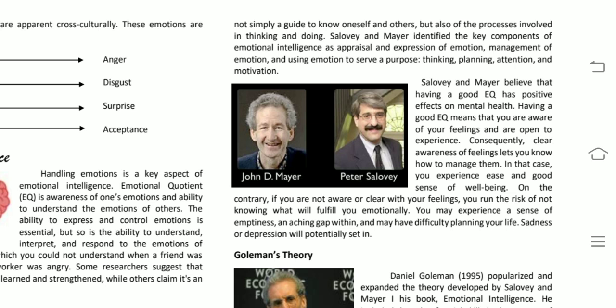Yan. So, naniniwala sila na yung pagkakaroon ng emotional quotient ng isang individual has a positive effect when it comes to their mental health. And having a good EQ means that you are aware of your feelings and are open to experience, with a clear awareness of feelings that lets you know how to manage them.